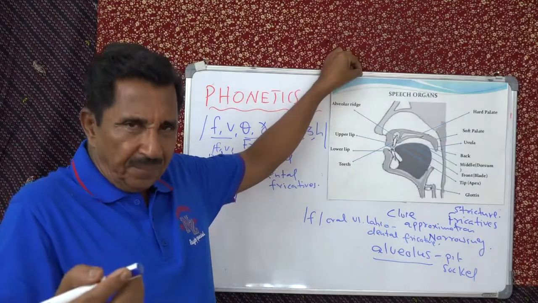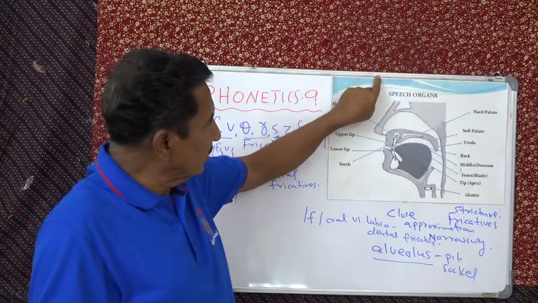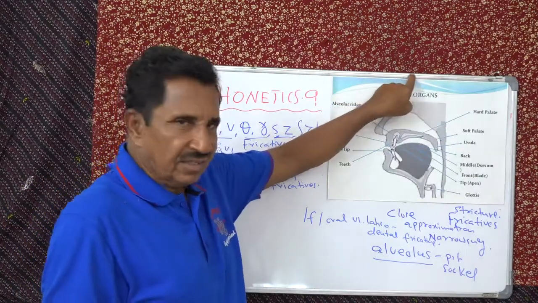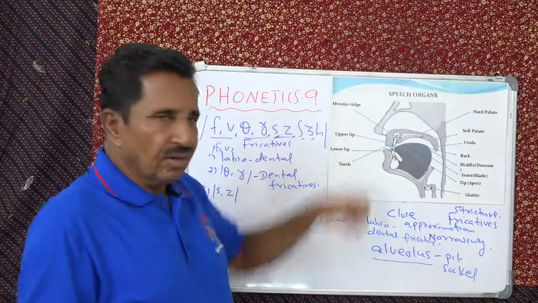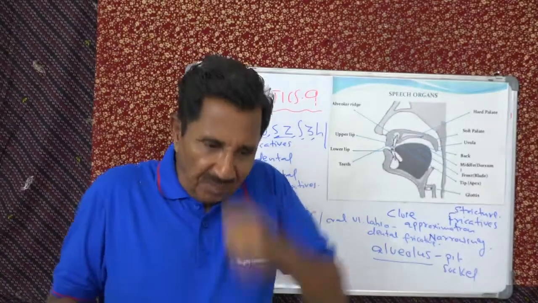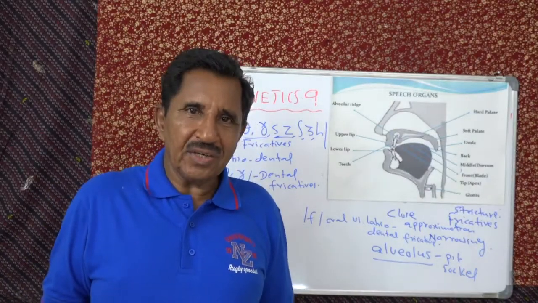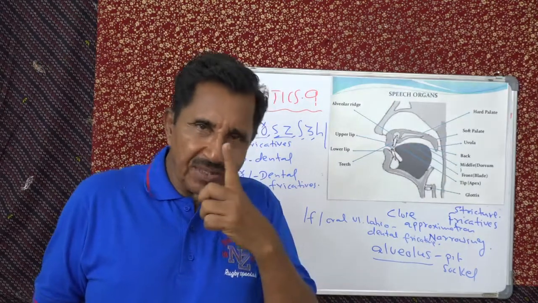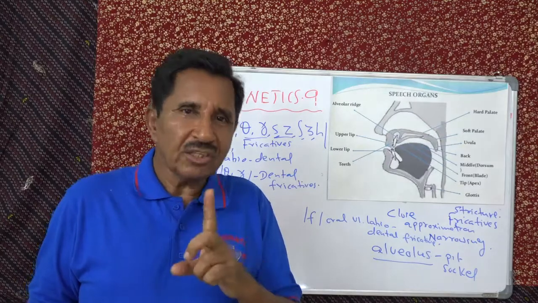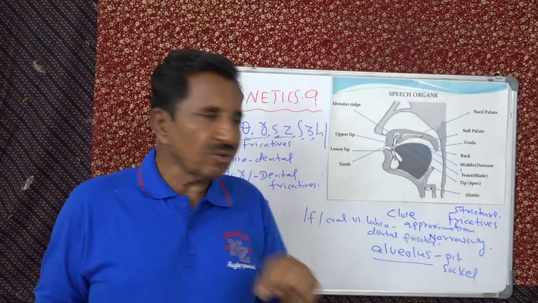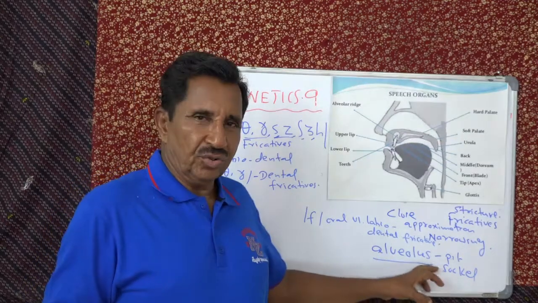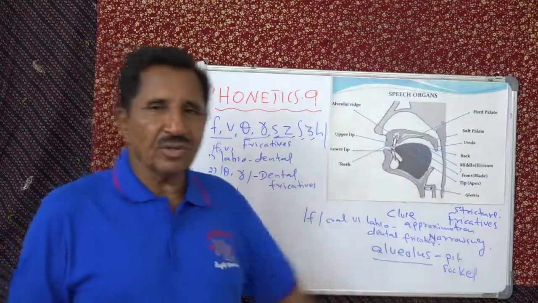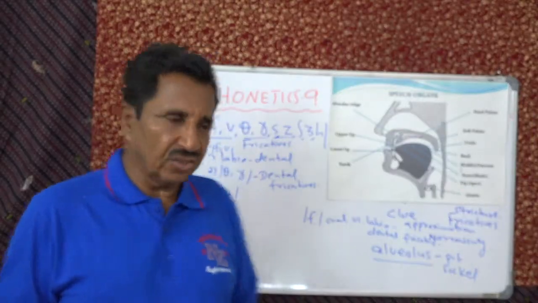We call it the gum, and on the ridge, the teeth are fixed. There are pits here. When you pluck out a tooth, you will find a pit there, and into that pit an artificial tooth is fixed. So that pit is called alveolus. That's why the ridge is called the alveolar ridge.